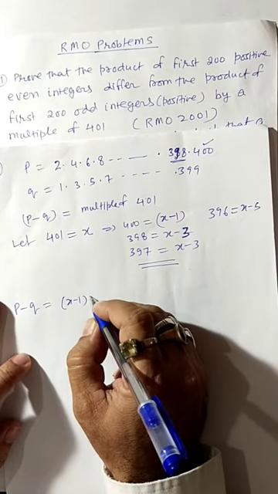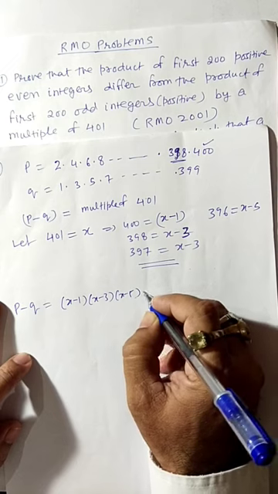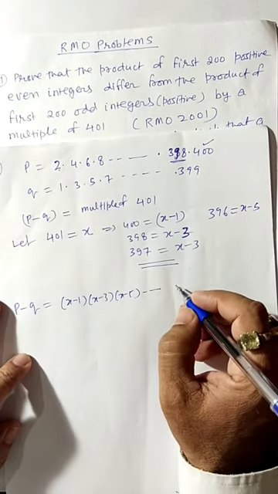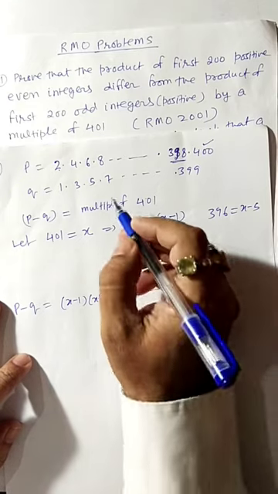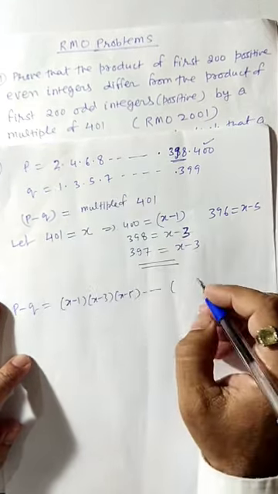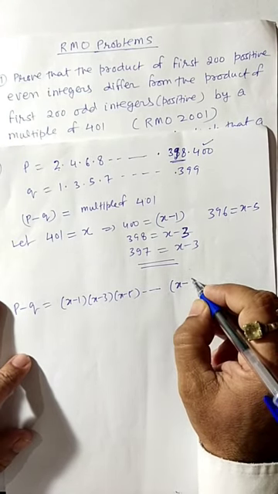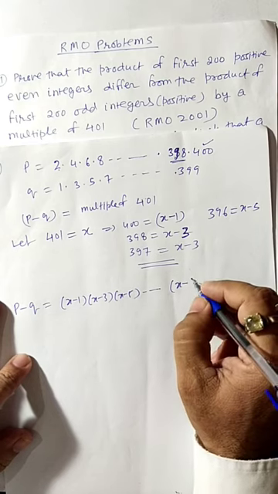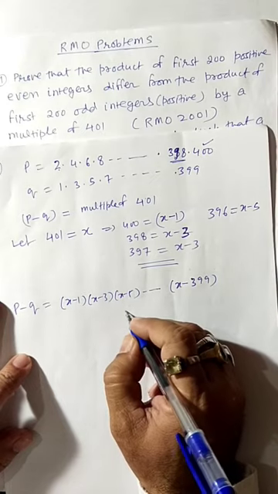So it is x minus 1, x minus 3, x minus 5 and so on, and this 2 can be written as x minus 399. This is the value of P, minus Q.